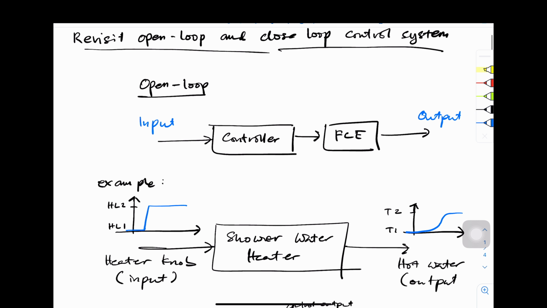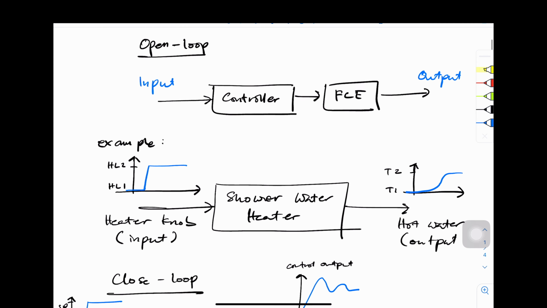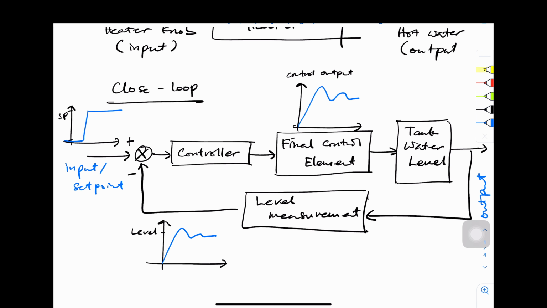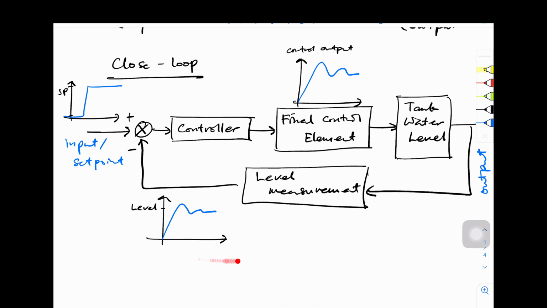On the other hand, this is the block diagram of a closed loop control system. The major difference is that for the closed loop control system, we have the feedback element, which in this case is the level measurement.